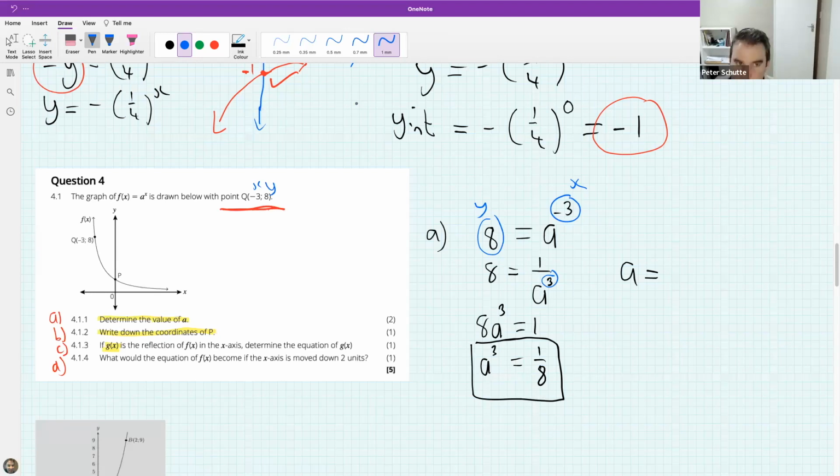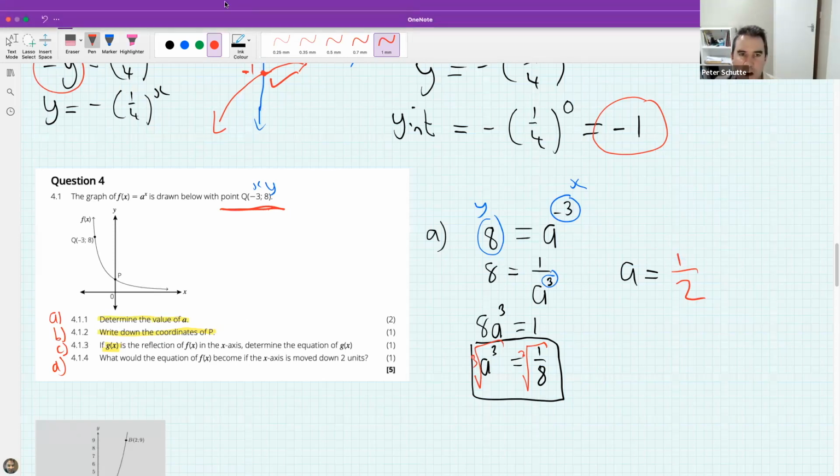Now I need to take the cube root of both sides here. So cube root of this, and the cube root of that. Naomi has said that we get a half. Okay. Was there a hand from Siyabonga there? Okay. Here's a half. There we go.